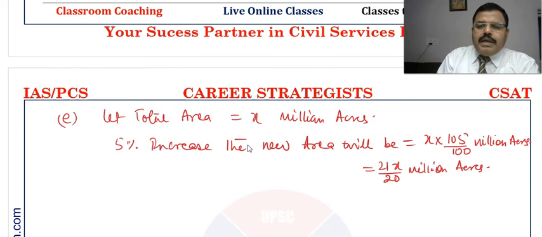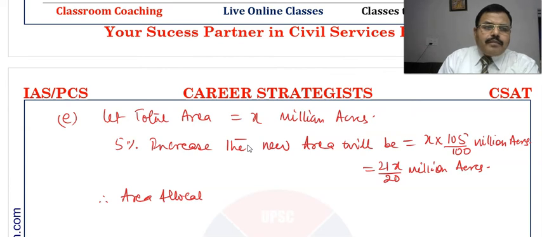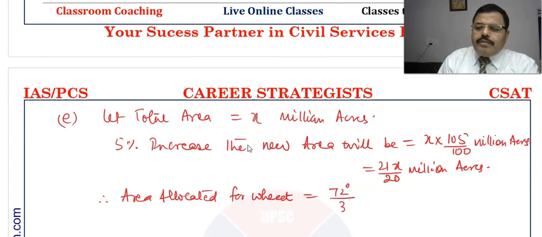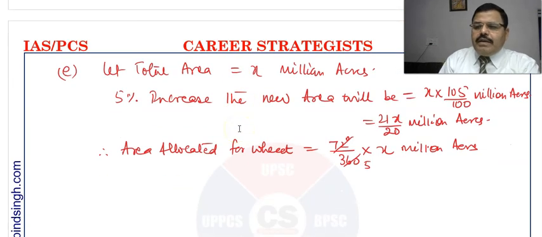Now the area allocated for wheat is 72 degree out of 360 multiplied by the total area in million acres, that is x by 5. So x by 5 million acres is the area allocated for wheat, right?